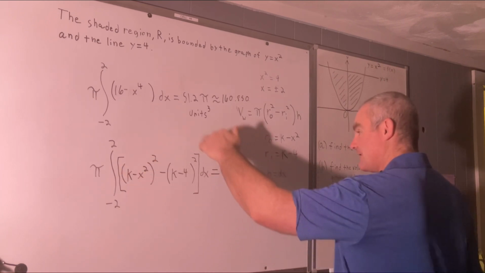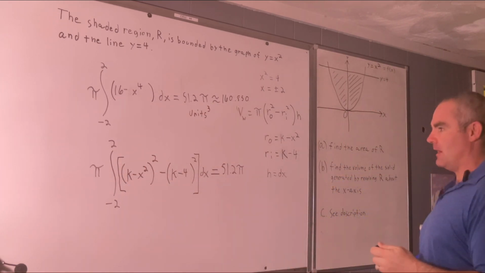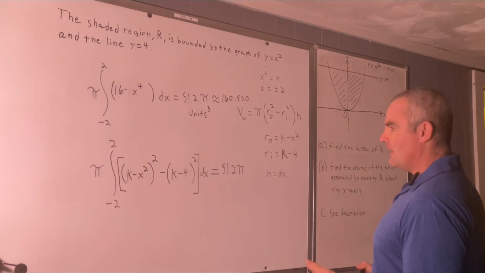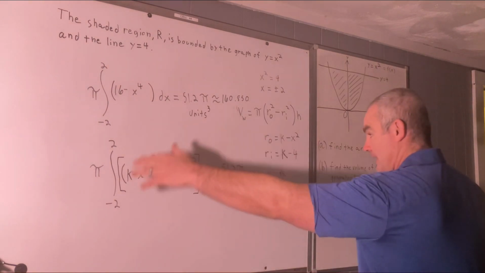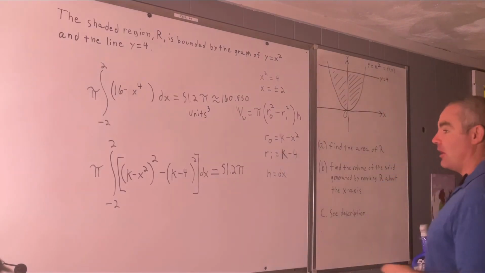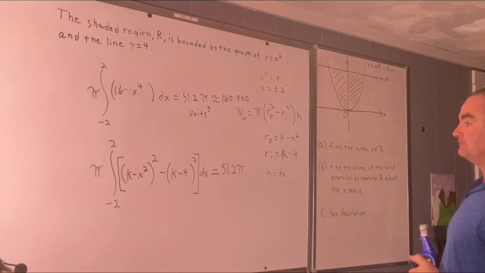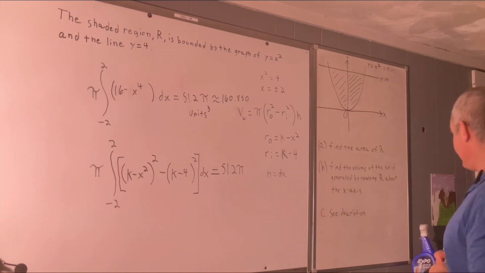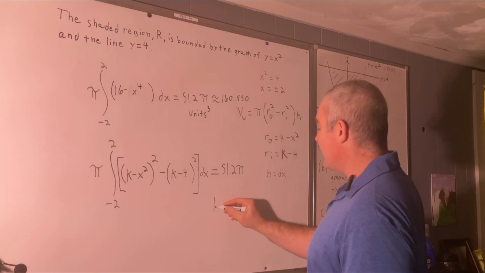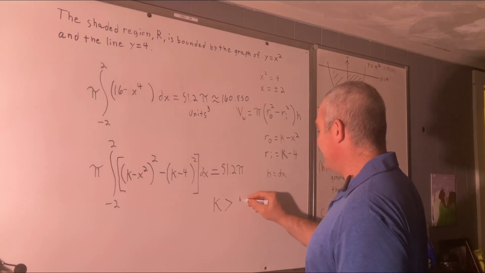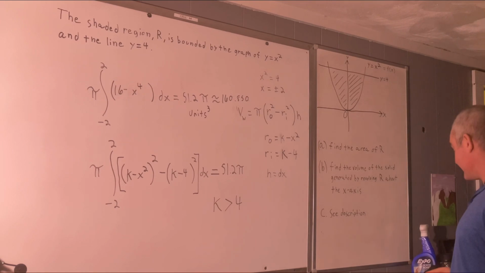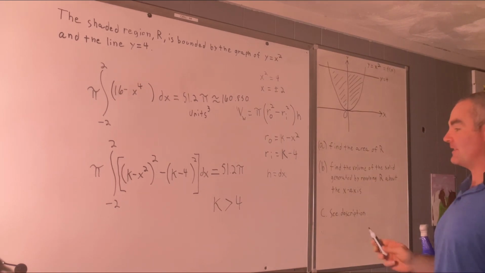We would evaluate this integral. It might be difficult. This is kind of messy, but you could do it. And then you'd evaluate it. You'd set it equal to 51.2 pi and solve for k. And we are looking for a k value greater than 4, and it is a good thing that they said, write but do not solve an equation, because guess what?